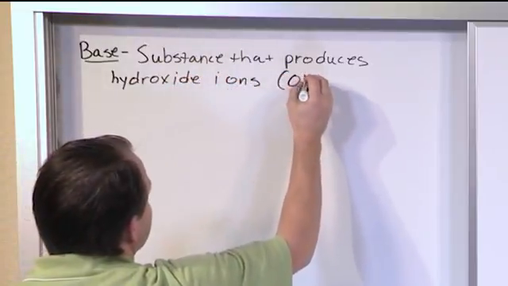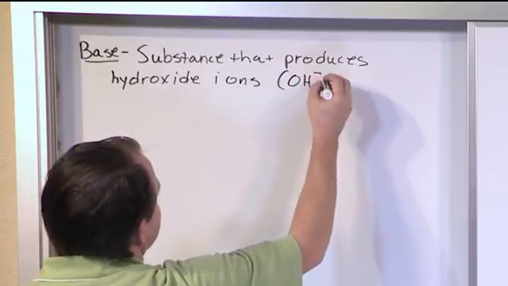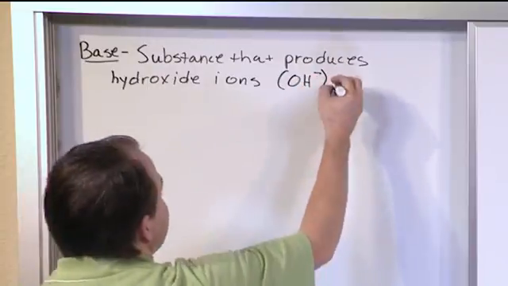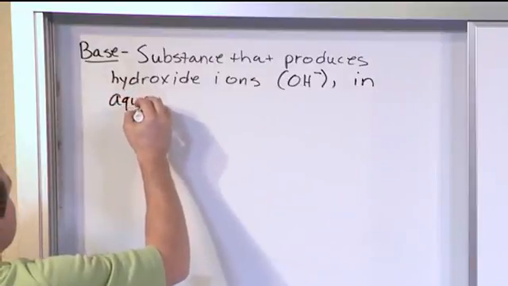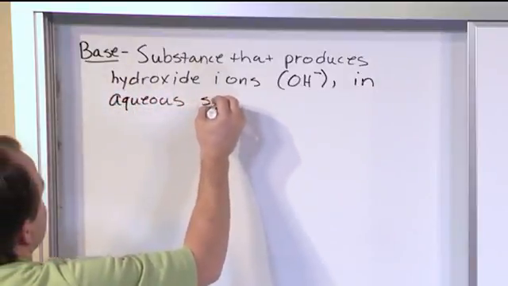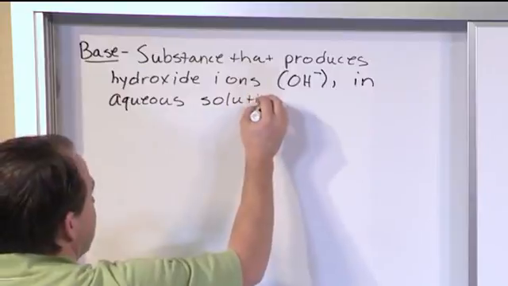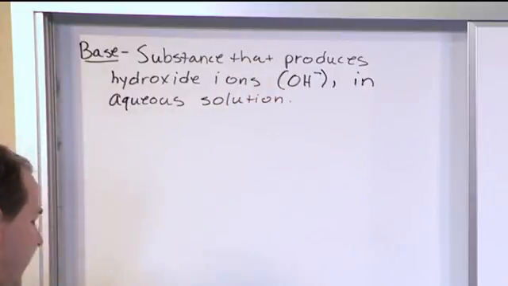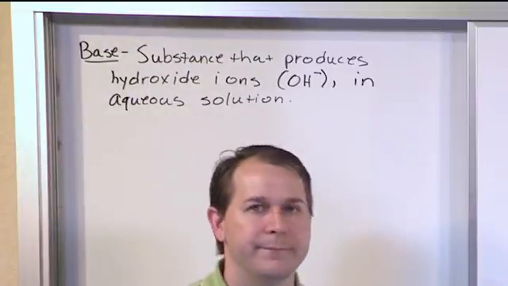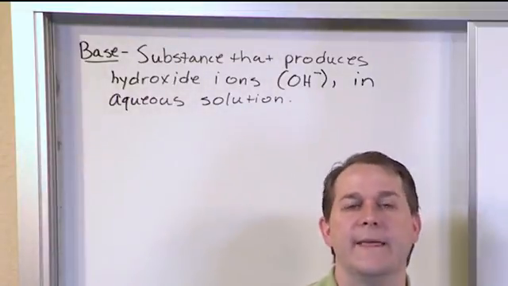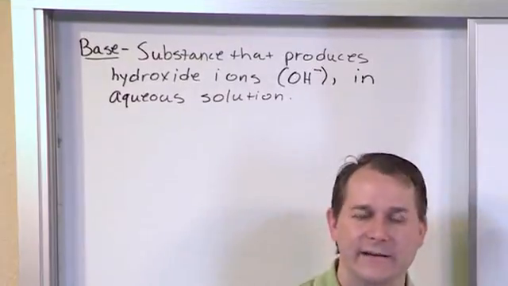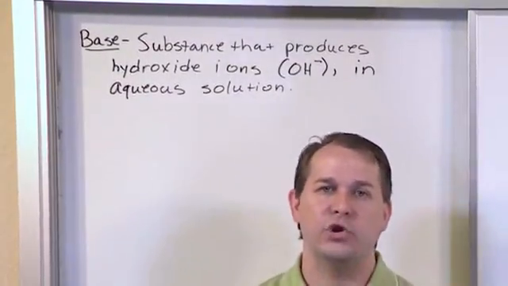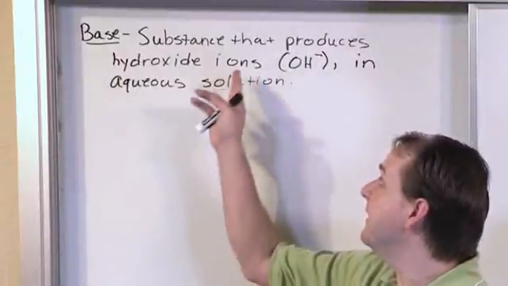These are the ions that look like OH negative, like this, in aqueous solution. All right. They produce hydroxide ions. So just like the acids, you put them in water and they produce hydrogen ions, right? That defines an acid. A base is a substance that when you put it into water, it produces these OH.